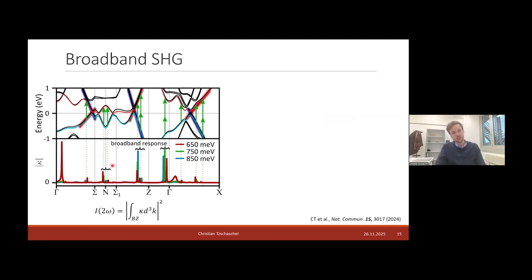And there we can distinguish two qualitatively different scenarios. There are some states, like this one over here, close to the gamma point, where we get a large response for certain photon energies, but a much lower or almost absent response for different energies.